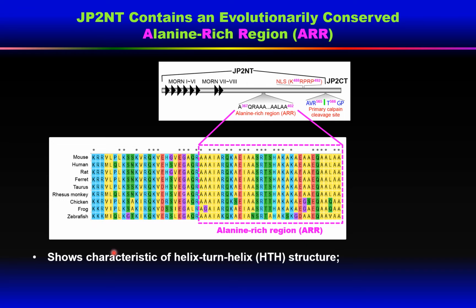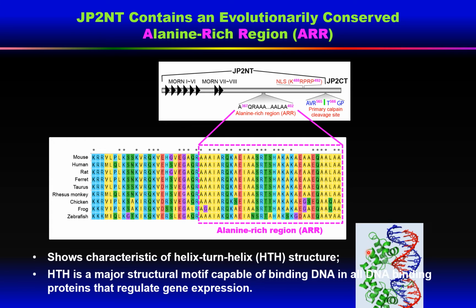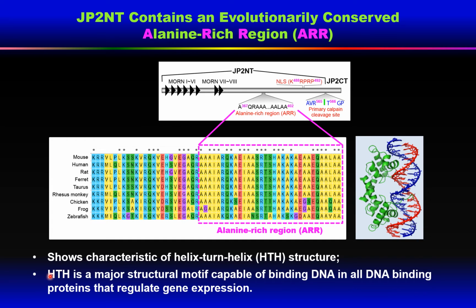And more importantly, this alanine-rich region shows characteristics of a helix-turn-helix structure. Molecular biology people know that helix-turn-helix is a major structural motif capable of binding DNA in all DNA binding proteins that regulate gene expression. So this analysis suggests that JP2NT may be a regulator of gene transcription.